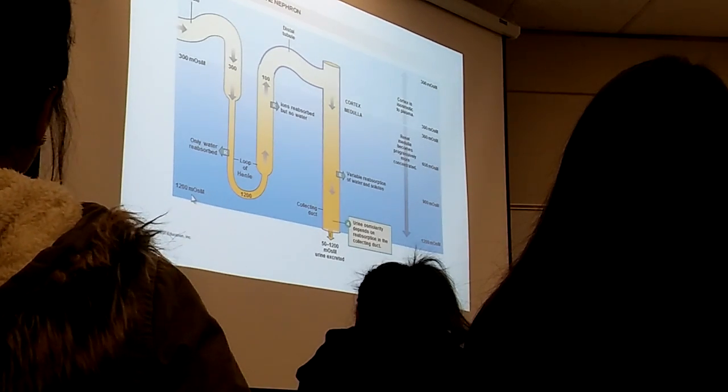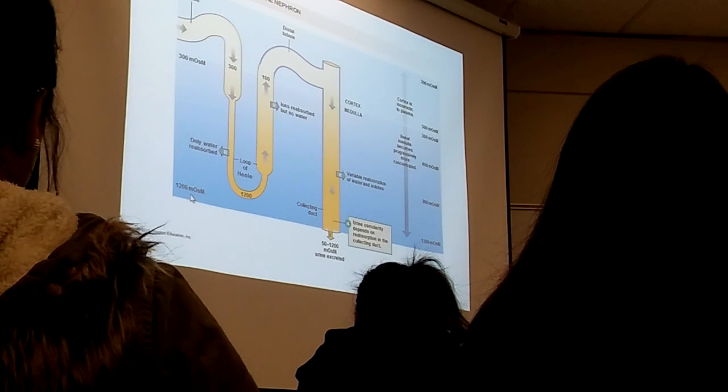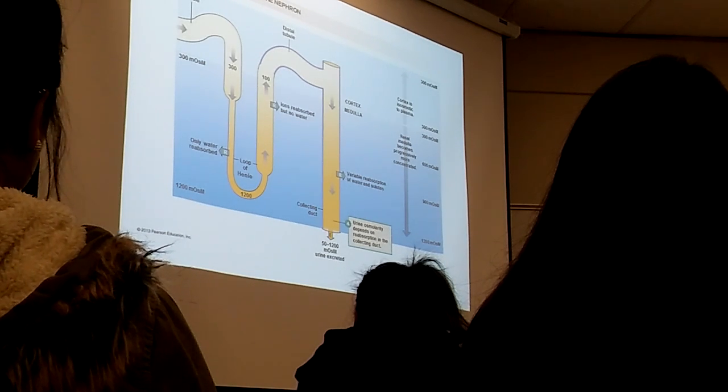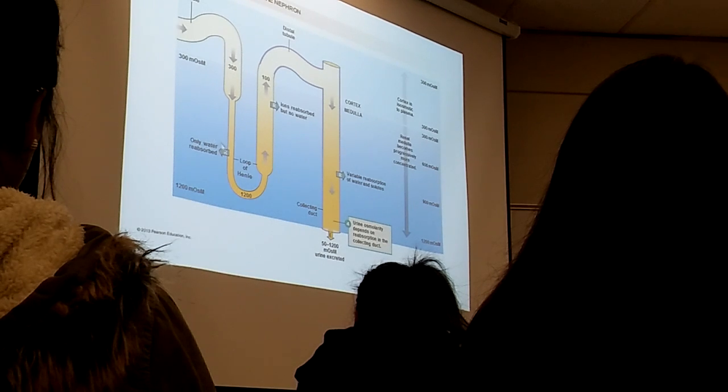Makes it very salty. There's the value of the osmolality here in the interstitium. Okay, and so that saltiness draws the water out, but the salt is not able to leave, so the filtrate inside becomes hyperosmotic.